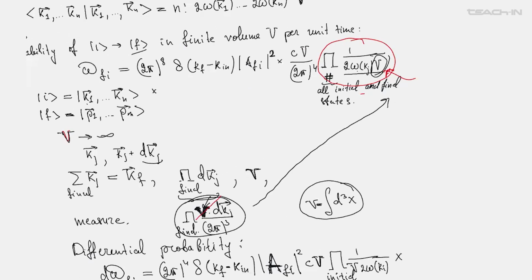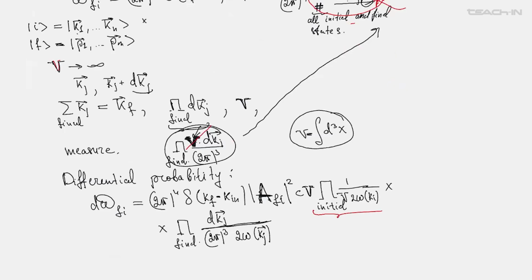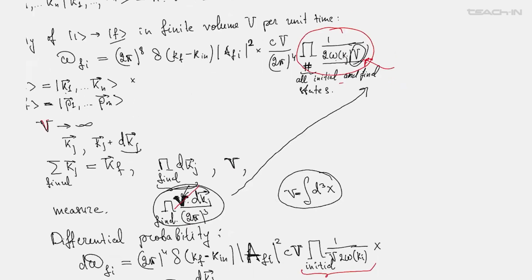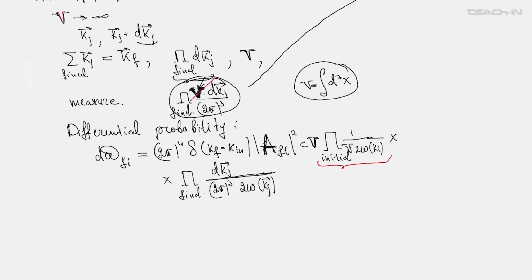So these factors of volume associated with initial states stay, while the factors which correspond to final, outgoing states exactly cancel, and you are left just with the differentials of momenta of the outgoing particles. Okay, that is what I mean by this cancellation of volume factors.